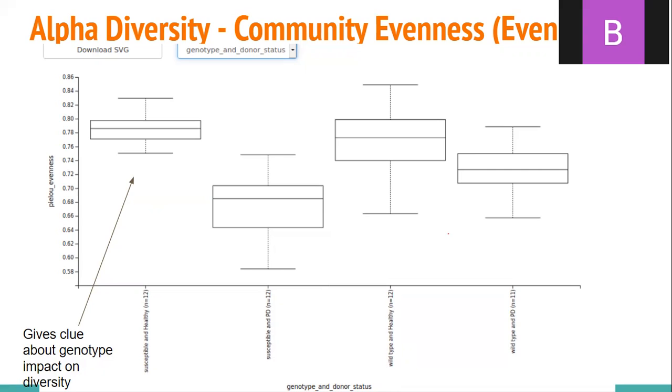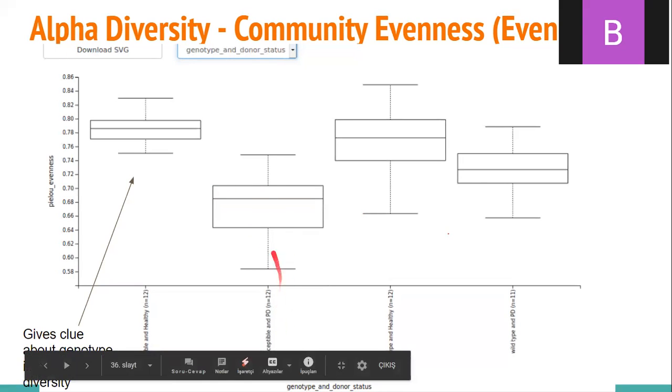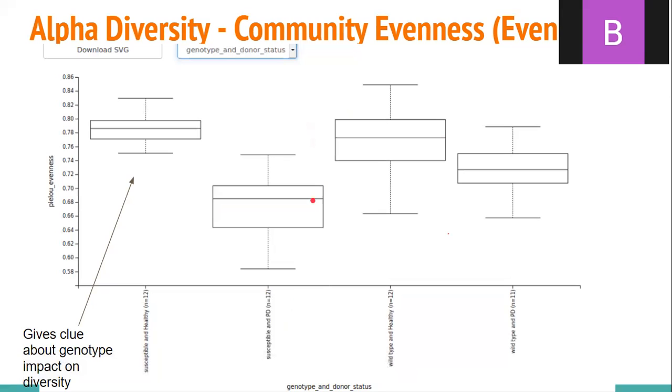It can be seen here in this graph. Here, dominance of a species is present in the susceptible and PD samples, which is lower than others. The interesting clue here is that in the genotypically susceptible and healthy donors, evenness is the highest.